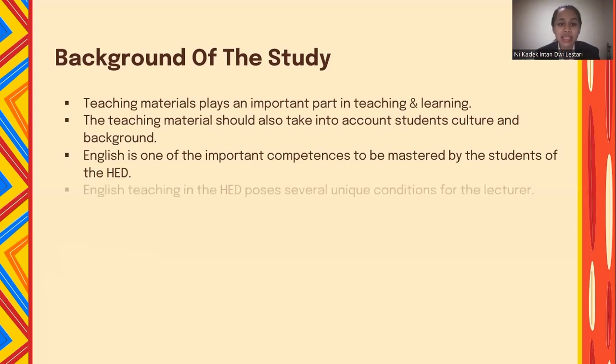English teaching in the HED poses several unique conditions for lecturers, which is the problem. The first one is the specialized nature of the students. They need teaching material which provides them with English learning material and, of course, Hinduism material.